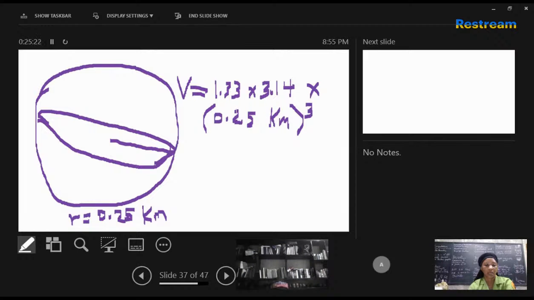And that is 0.0654 kilometers cubed. Give me two decimal places. 0.07 kilometers cubed.